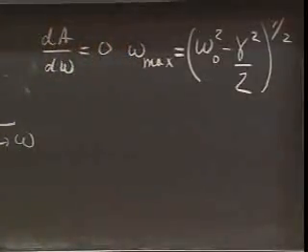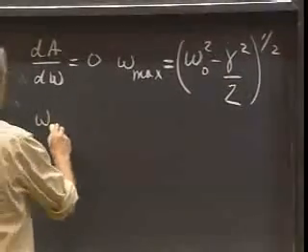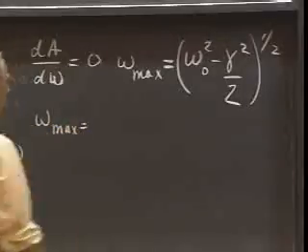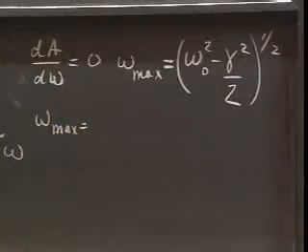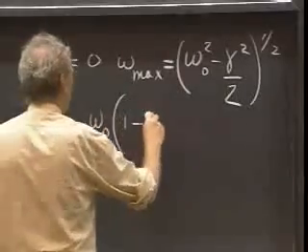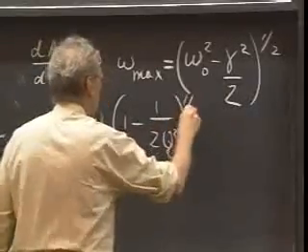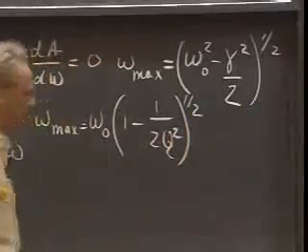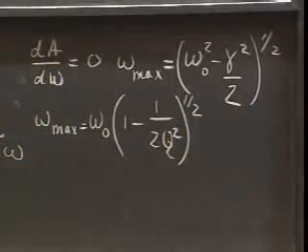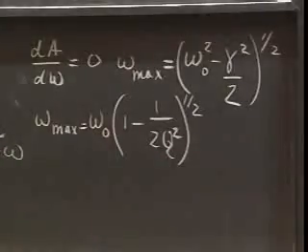And if you like to write that in terms of Q, which is often done, then omega max, so that is the frequency at which the amplitude reaches a maximum, is omega 0 times 1 minus 1 over 2Q squared, and then the square root of that whole thing. And the reason why this is nice, if you know Q, you can immediately evaluate what the difference is percentage-wise between omega max and omega 0.